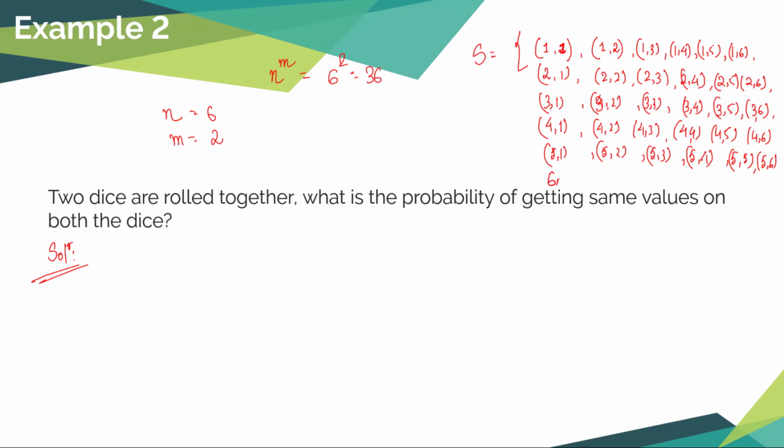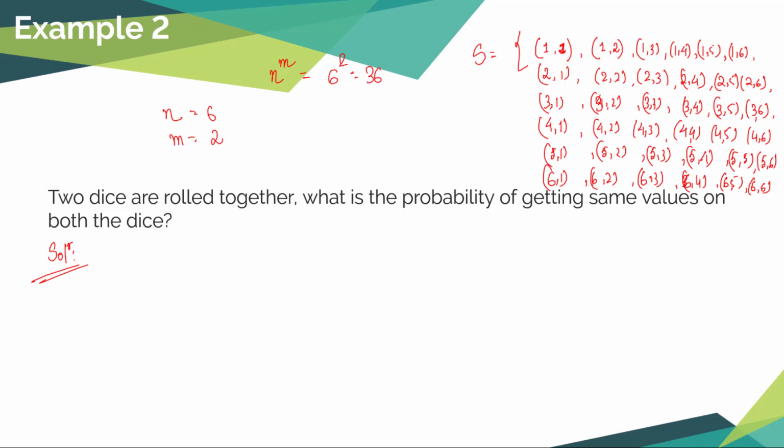And the last line will be (6,1), (6,2), (6,3), (6,4), (6,5) and (6,6).